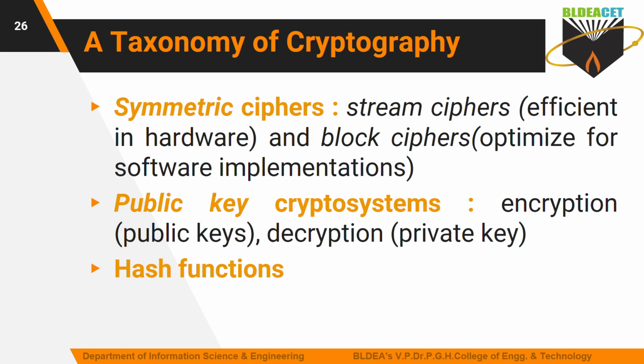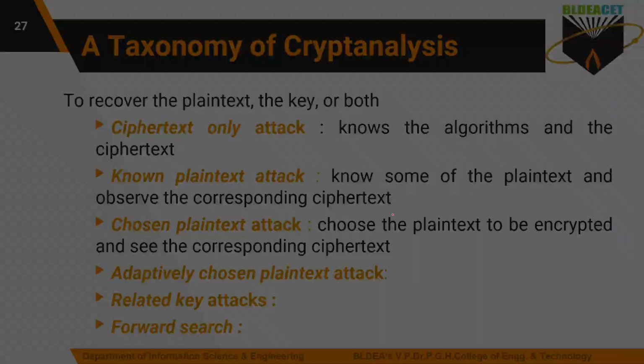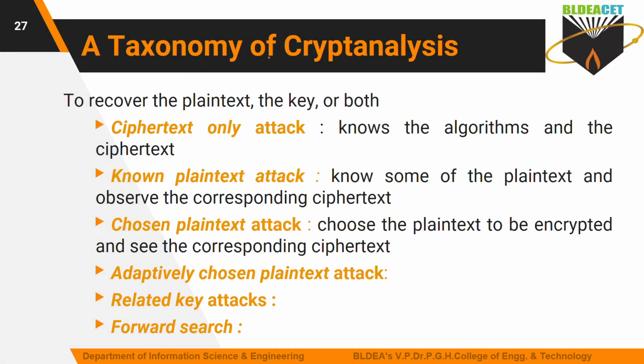So this is about the taxonomy of cryptography. Is it clear now? Next is the taxonomy of cryptanalysis. The aim of cryptanalysis is to recover your plain text or your key, or to obtain both the plain text and the key.